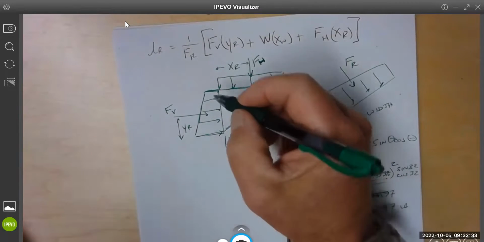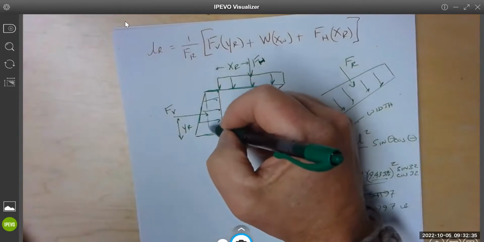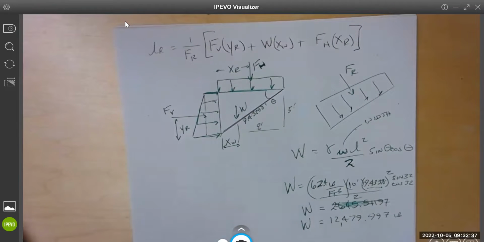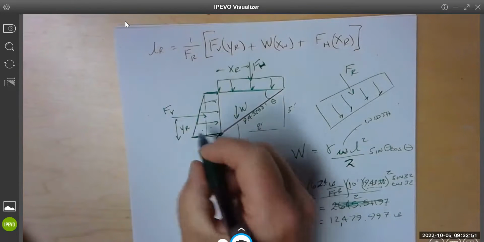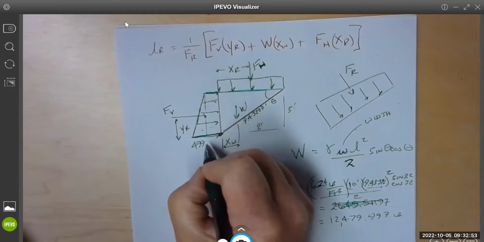Again, I would just do the rectangle and the triangle and add them together, right? We know how far out they go. What's this number here? 499.2.